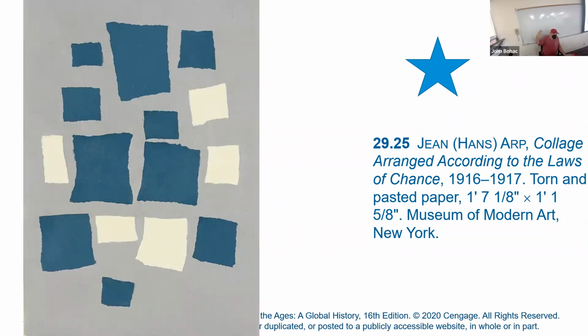He threw them up in the air and they landed on this gray sheet of paper, and he glued them right where they landed. And they are collage arranged according to the laws of chance. That title has changed a little bit. It used to be squares arranged according to the laws of chance, but people pointed out that these are not really squares. You're right, let's change this. Collage. But at any rate, this is kind of an interesting idea.